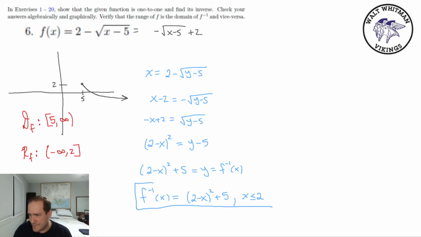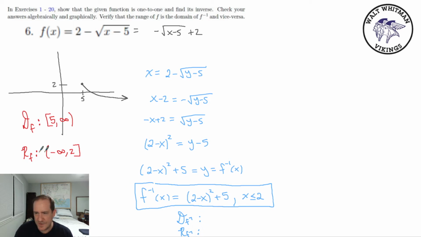But it is important that you build that restriction right into the statement of the function. Otherwise, people are going to look at this function and think that the domain is all reals. If you want that restriction to be something that people know you're considering, you have to write it right in there. Now, on the other hand, we are still going to give the domain too. So f inverse and the range of f inverse.